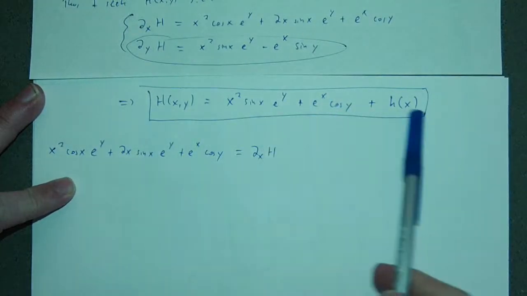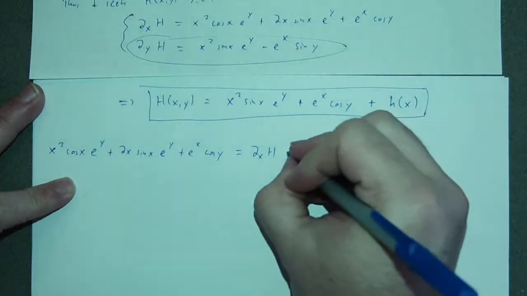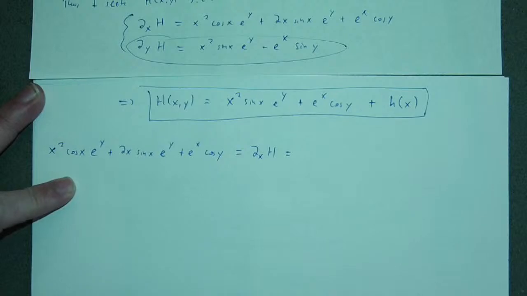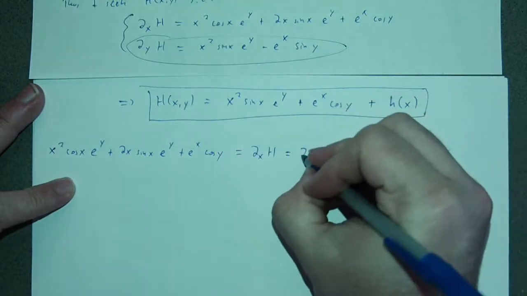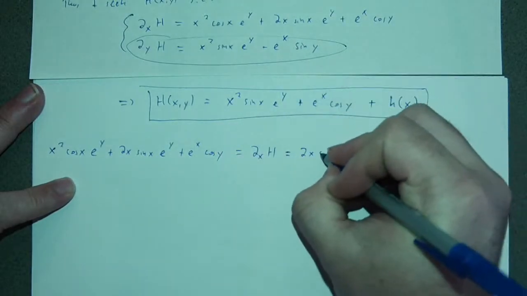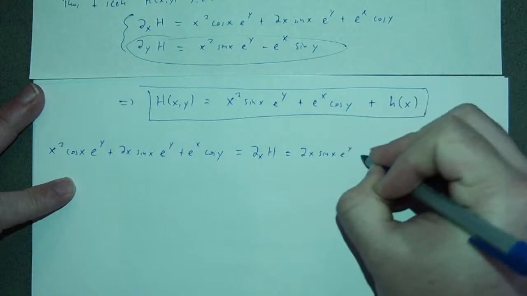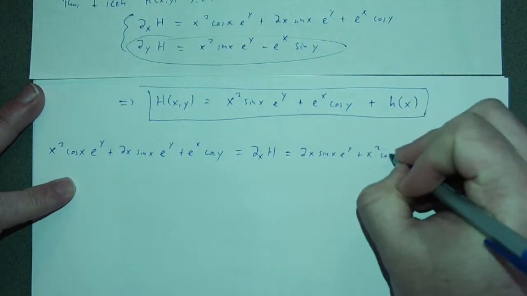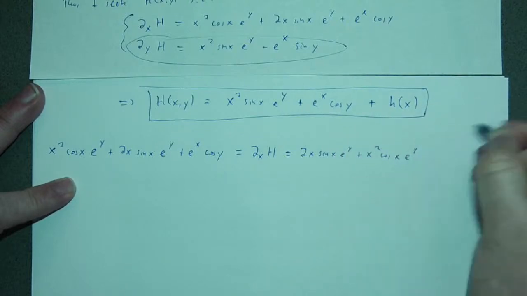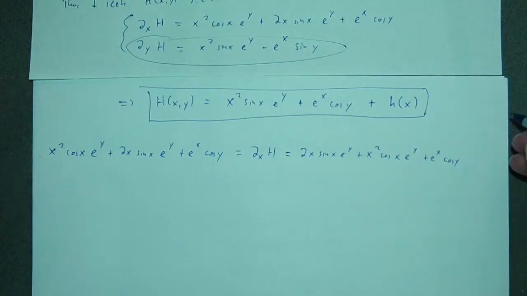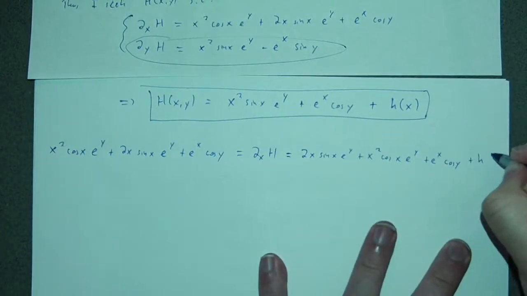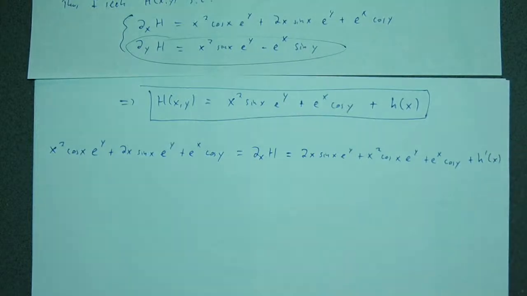But if I actually take the x partial of h from this thing that I found, I'm going to have to use product rule here for this term. So what is this? This is 2x sine x e to the y plus x squared cosine x e to the y plus e to the x cosine y plus little h prime of x.